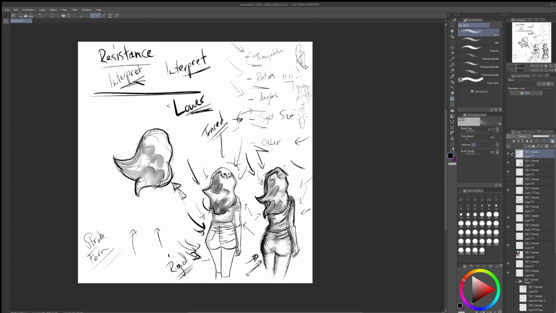So interpretive resistance, simple concept. It just means that essentially you want to break people's literal interpretation. If they have a literal interpretation, you want to erase that. You want to break it.